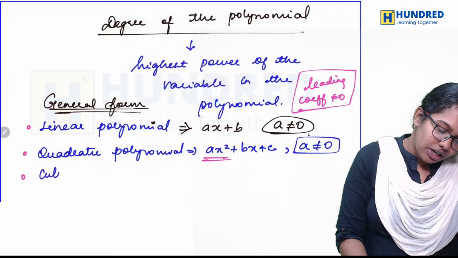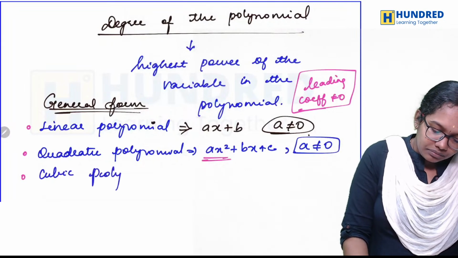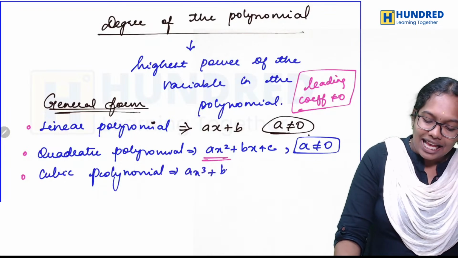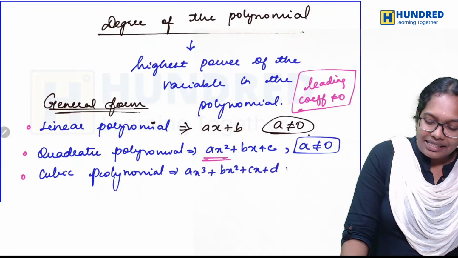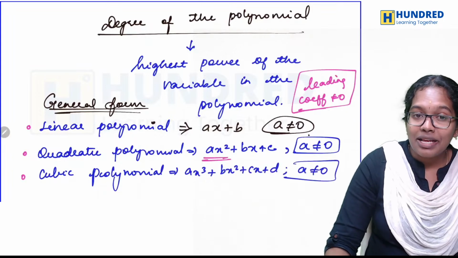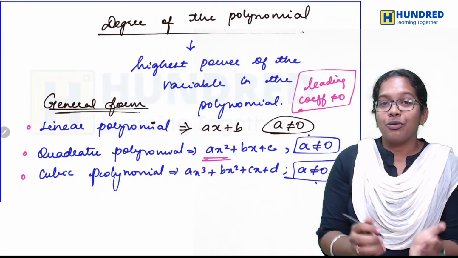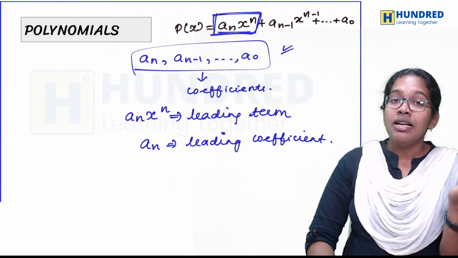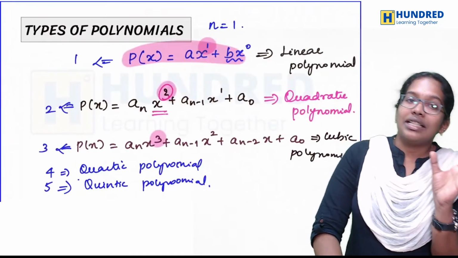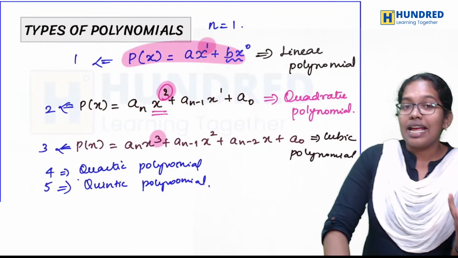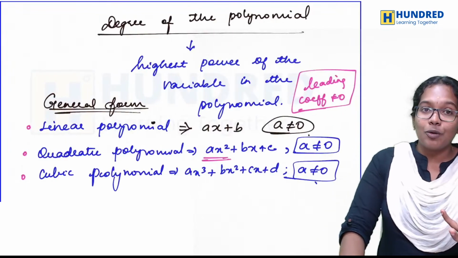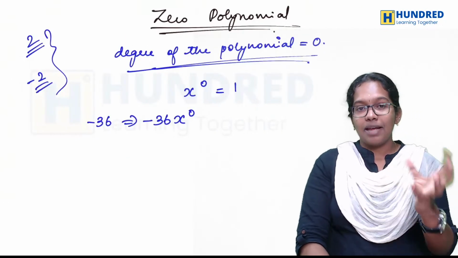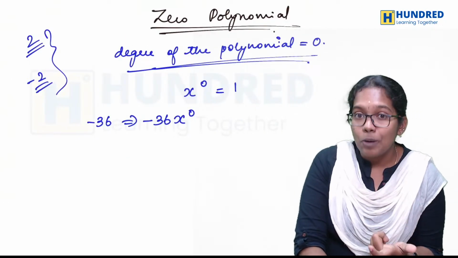For a cubic polynomial, the general form would be ax cube plus bx square plus cx plus d, and here also a should not be equal to 0. Okay, so so far we have learnt what a polynomial is and its general terms, then the types based on the degree, the degree of the polynomial and the general form of the types of polynomials, and then another type of polynomial, which is the zero polynomial.